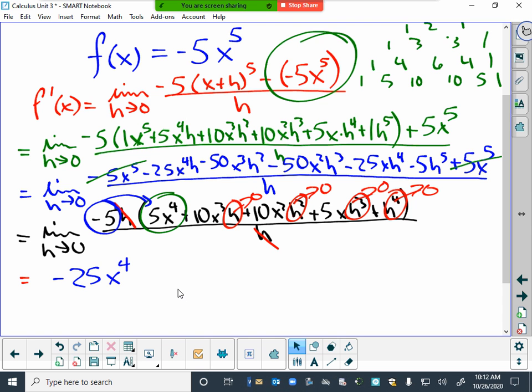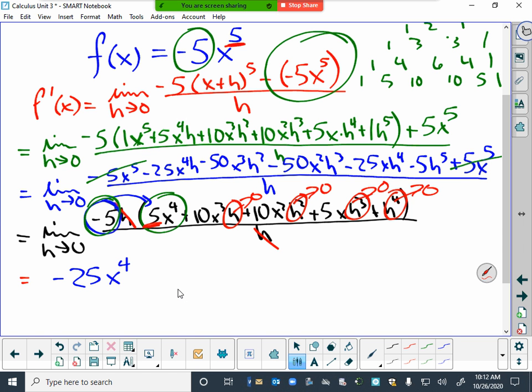If I didn't have that negative 5 out front, I would have been left with 5x to the fourth. And the 5 ends up being there because the power was 5.